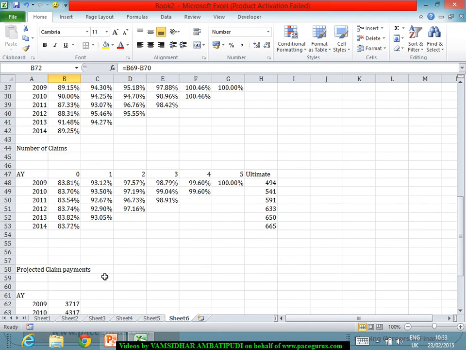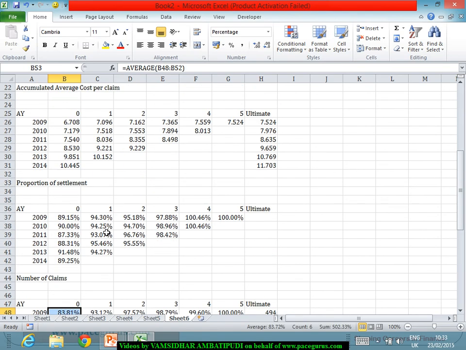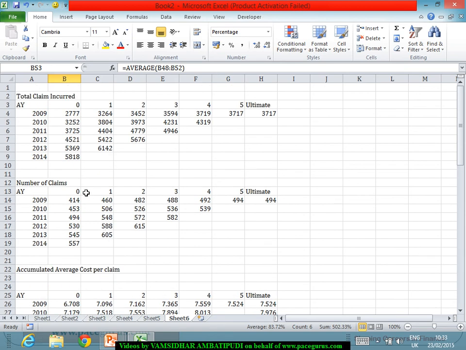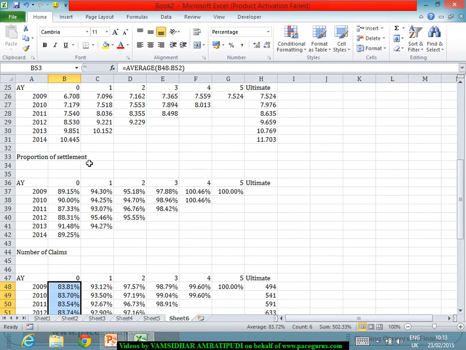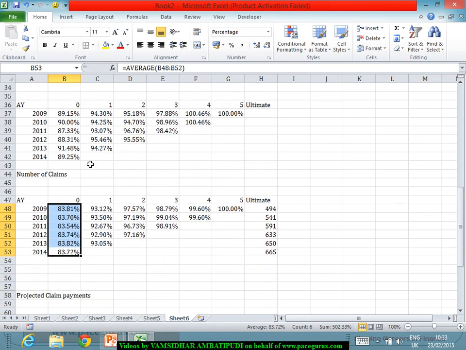It's very clear that almost at least 80-90% of the payment has been done in each of the periods. The moment the first year claim itself is initiated, almost 80% to 89-90% of the claim payments are done, and anything after that, 95% of the total claim amounts are settled.